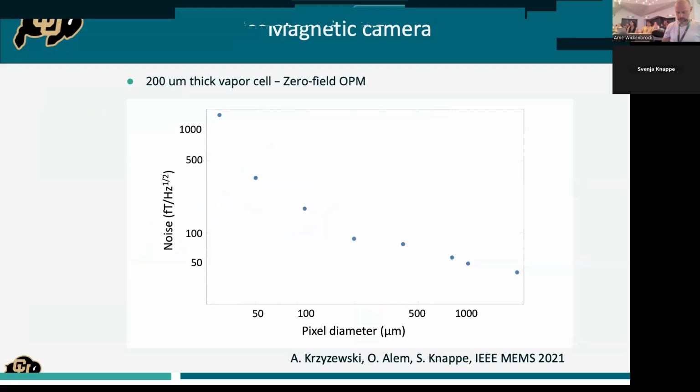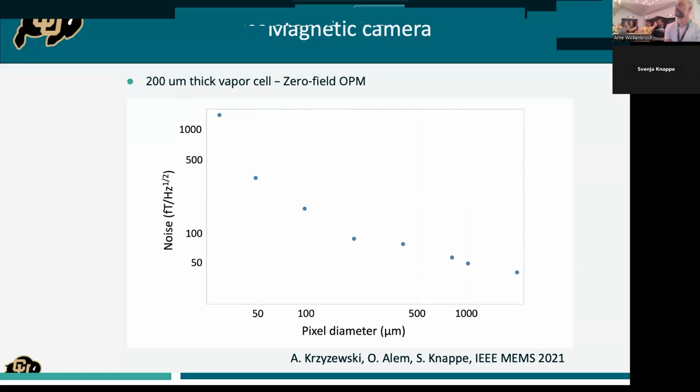And so then what we did is we changed the diameter. So the length was always 200 micron, and then we changed the diameter of this pixel size that we measured. And this is actually in a zero field condition, so we measured the zero field resonance. If we illuminated our full cell, we got to maybe 40 femtotesla per root hertz.